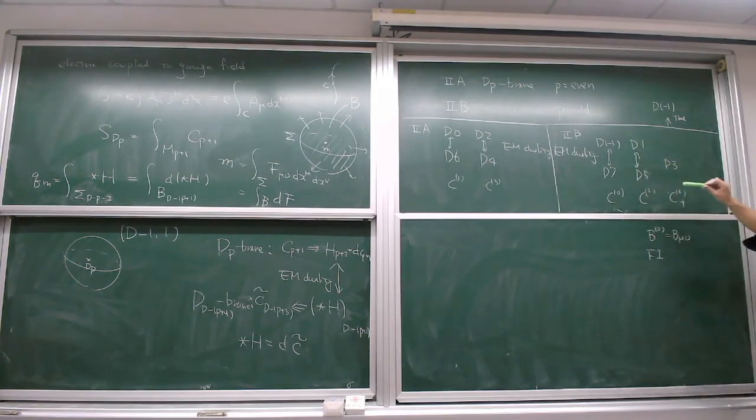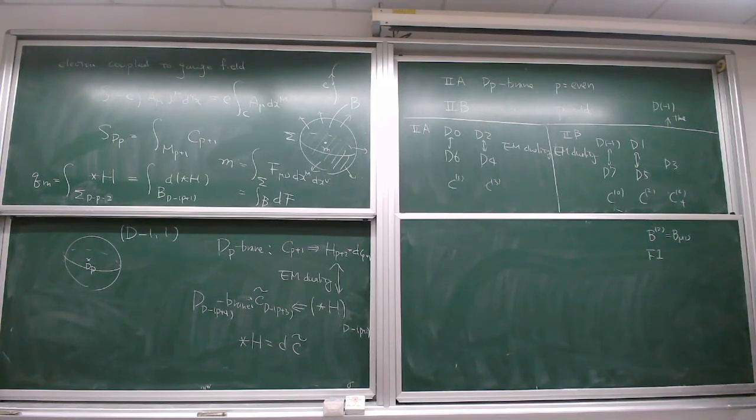However, this is an anti-symmetric tensor, and you can see a similar thing in the B field. So this two-form is coupled to the string, indeed the open string.